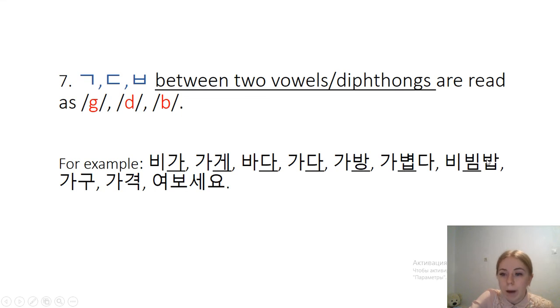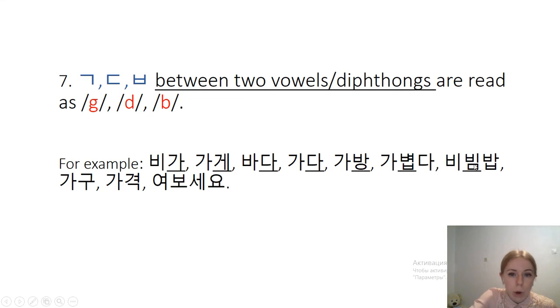가볍다, 비빔밥. We see b, bim, because the b sound is in the middle of two vowels. So this is bim, and here it's pop, p, a, p. Why?